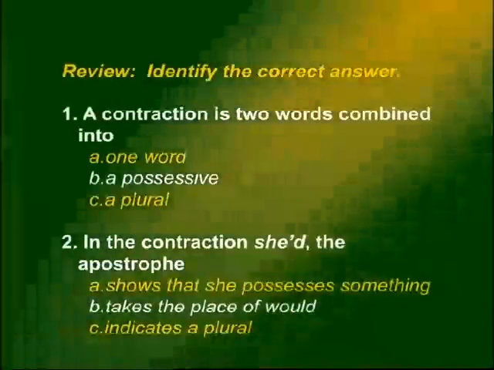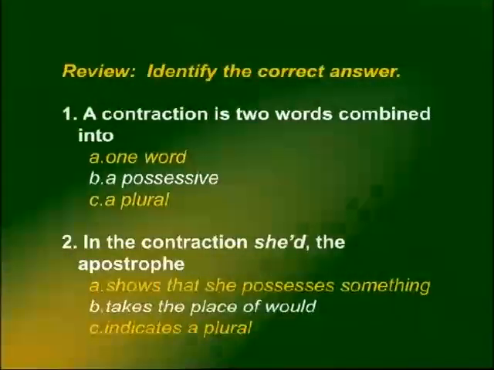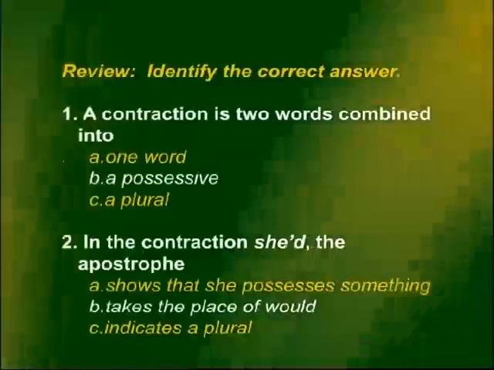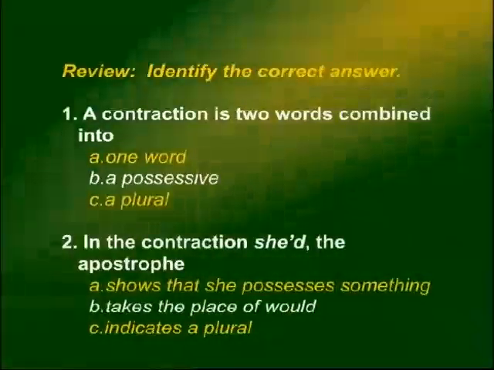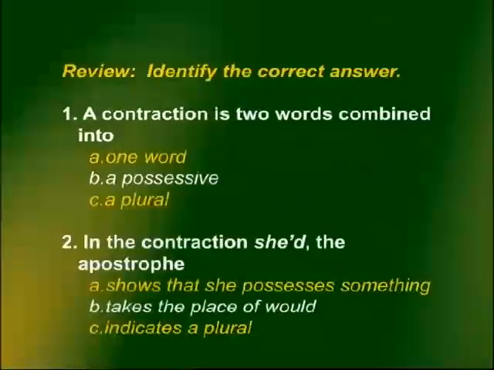A, shows that she possesses something. B, it takes the place of "would." C, it indicates a plural. The correct one is B. The contraction she'd takes the place of "she would."